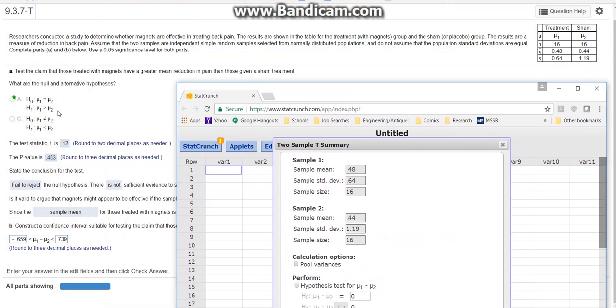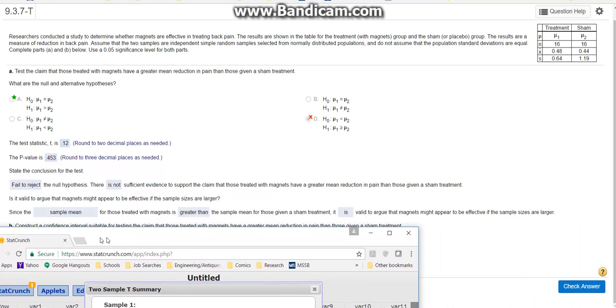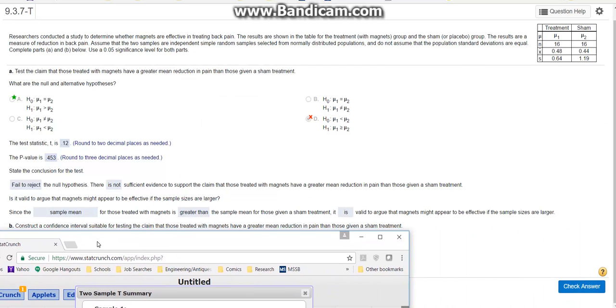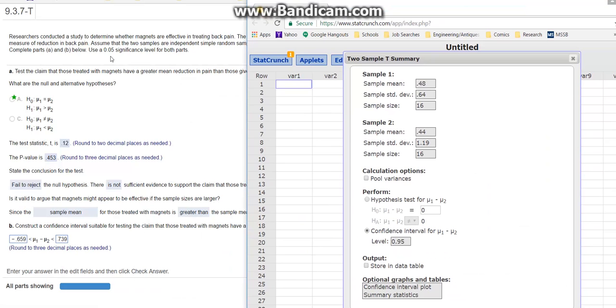In order to come up with the suitable confidence interval, I have to take 0.05 in each tail for a total of 0.1. That means the confidence will be 0.9.